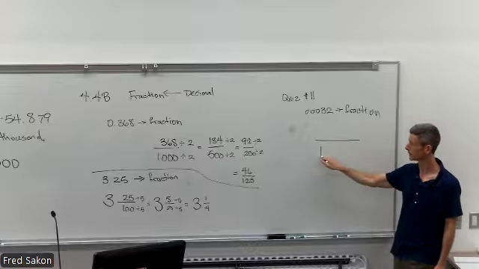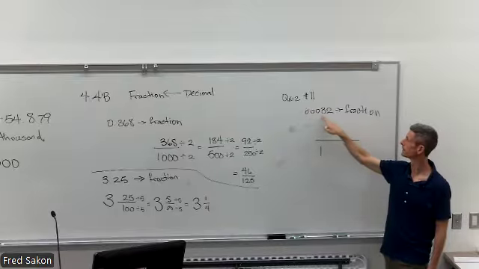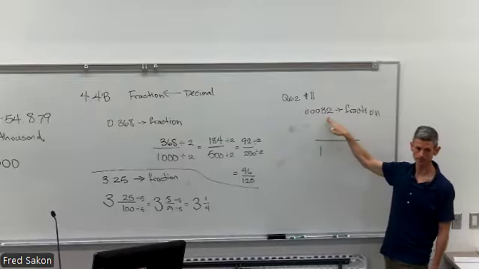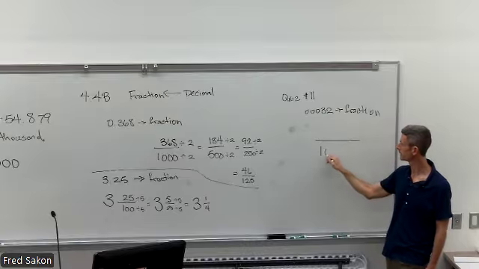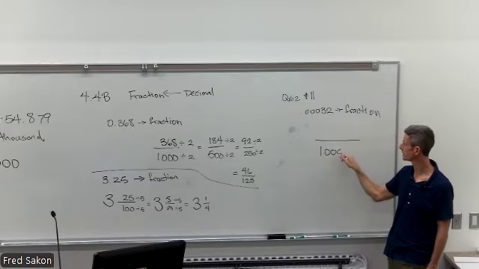Go with a 1. How many zeros do I need? How many? 5 zeros. However many places you got here in this decimal, you need that much in your denominator.